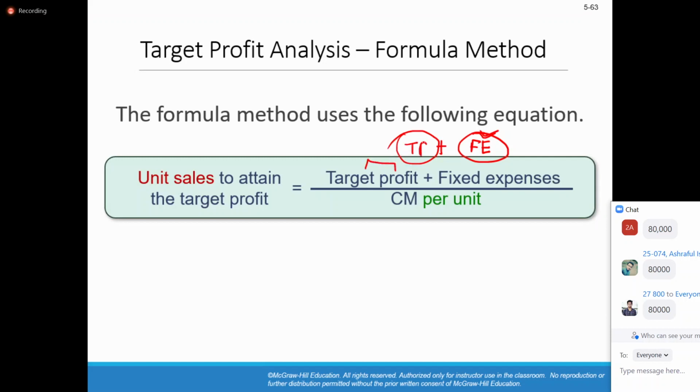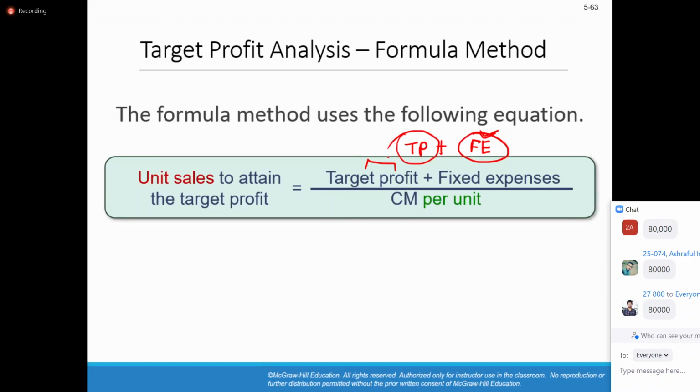So that's why the numerator has been revised to add the total target profit to the fixed expenses. Try to understand the base: it was fixed expenses. Why are we adding the target profit now? Because we would like to cover the target profit also, in addition to fixed expenses, from the contribution margin we are getting from each unit.